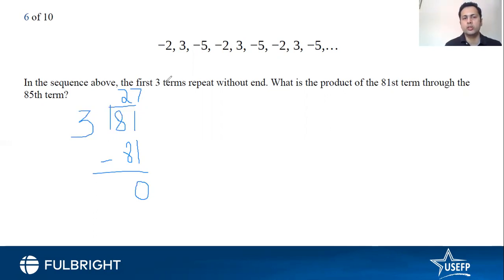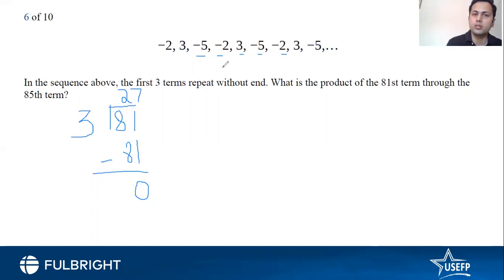The 81st term is -5. We need to take the product of the 81st to 85th term. So the 81st term is -5, then the 82nd term is this, then the 83rd, 84th, and 85th. So we need to take the product of it.